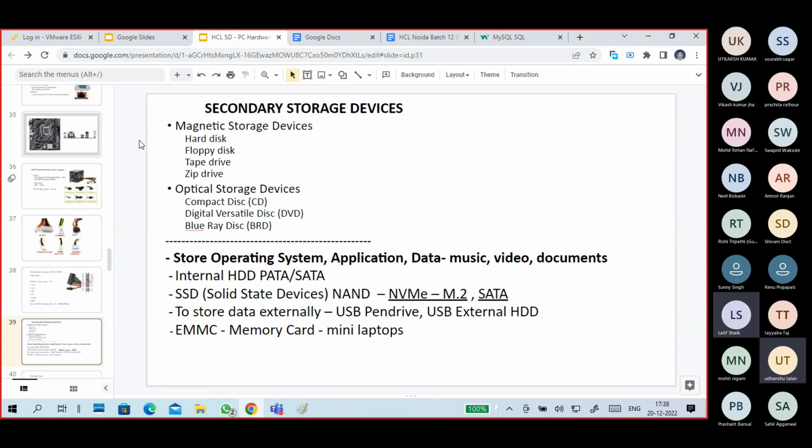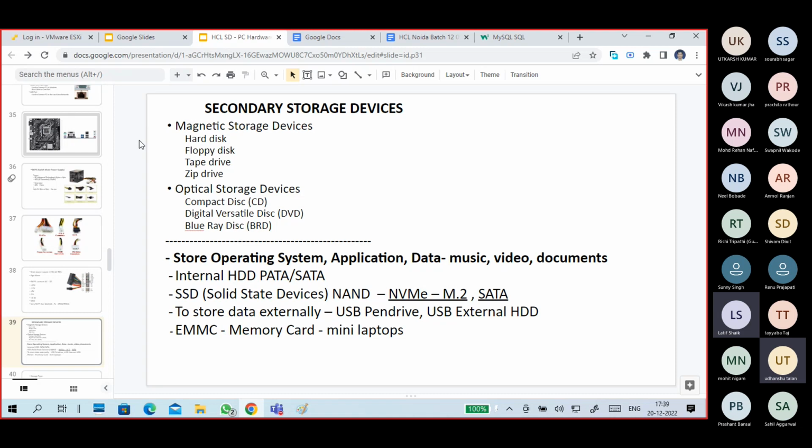Okay, so these are the secondary storage devices, and also we are using hard disk. In hard disk, there is SATA interface hard disk and PATA interface hard disk. Nowadays we are using SSDs for storing data, and also pen drives, external hard disks, and memory cards. eMMC type of storage we are also using.